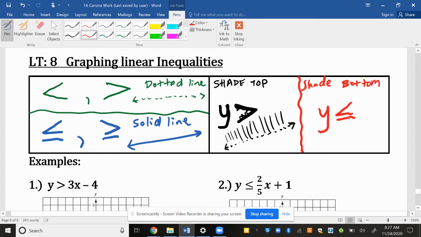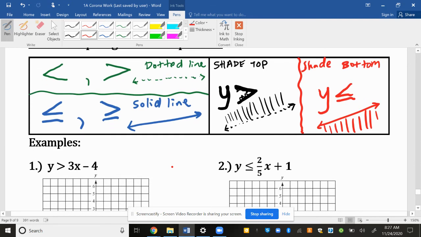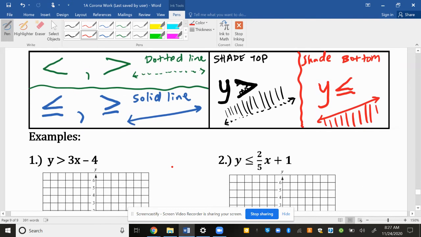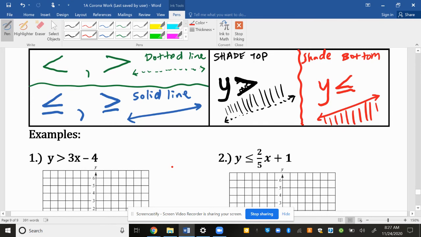This one happens to be less than or equal to, so I know that's a solid line, but this time I'm going to shade the bottom of the line. That's really the only new thing you have to learn, these two rules, because the rest is still graphing equations, same as we've been learning since Target 2. So let me put some of this into use now.